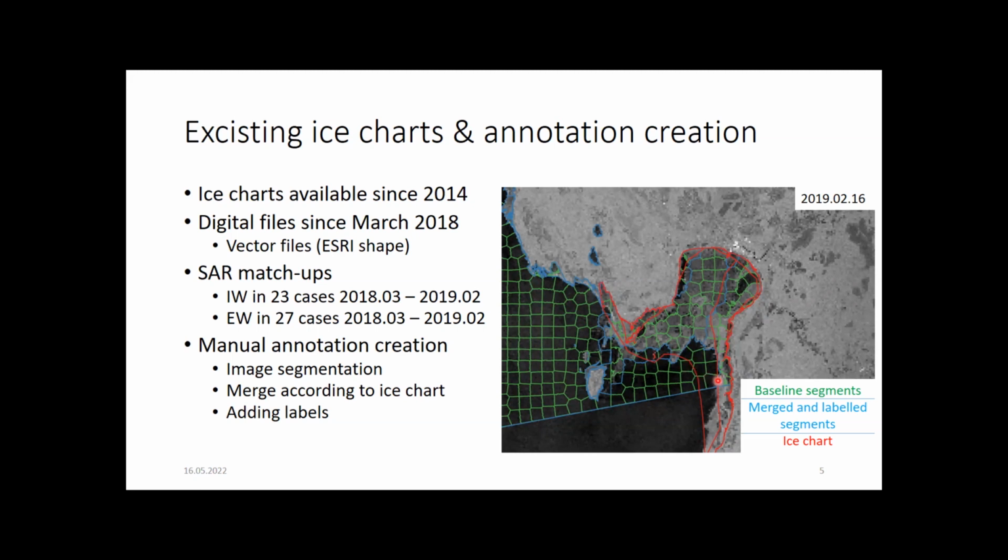For example, here in this area where the official ice chart says it's some kind of ice, I don't know at the moment which type, but it actually includes water here. So we had to critically look over all the values that are assigned for each official ice chart and label it accordingly.